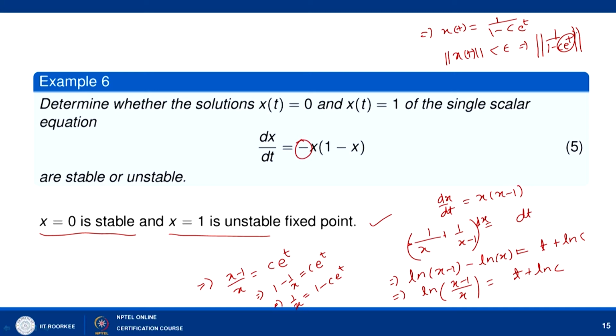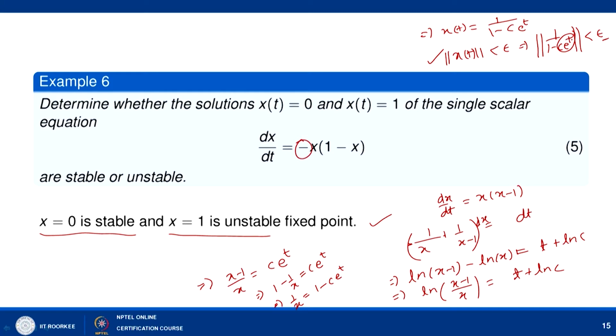So, as t tends to infinity, this quantity tends to 0. So, for arbitrarily small epsilon, I can find t such that this quantity is less than epsilon.